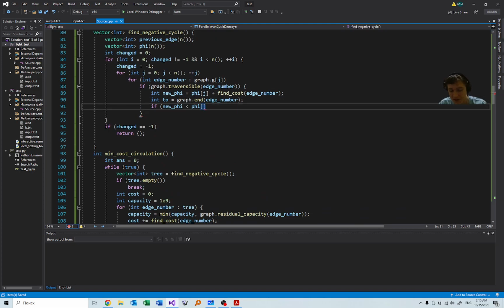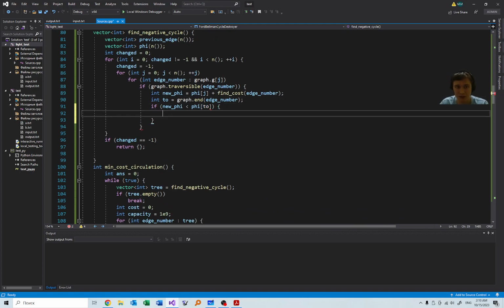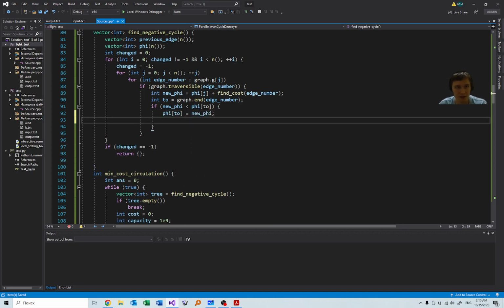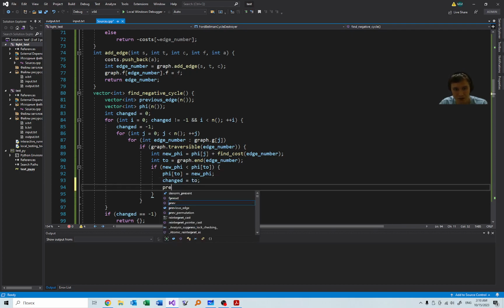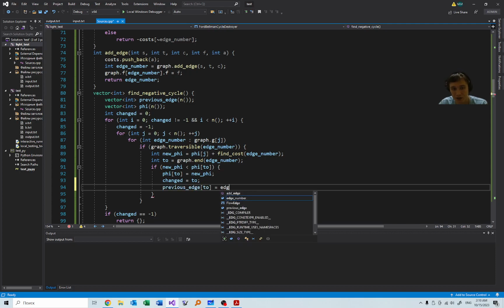So if it is less than phi of 2, then phi of 2 equals new phi and changed equals 2. And also previous edge of 2 equals edge number.